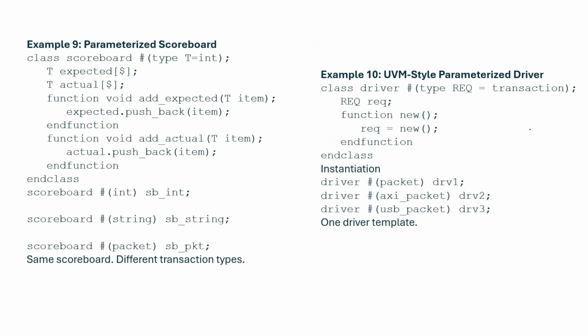T is the integer data type, and the expected value type is int t, that means integer data type, and here also t is integer data type. I can use the method to call here. I'm placing the data in my queue, using the expected dot push back method, and then the actual dot push back method. Same data I'm pushing.